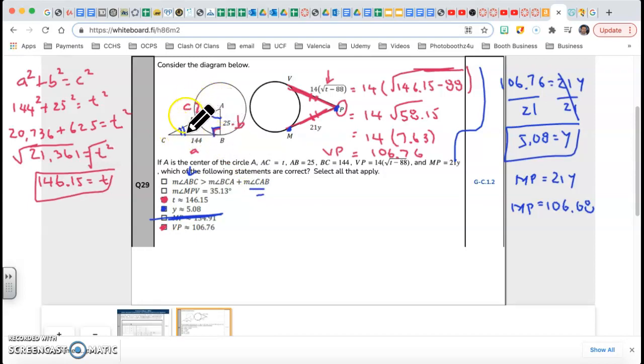But remember, the triangle is 180. If this is 90, these two add to 90, so they're equal. They're not greater. So that's wrong as well. 35.13: I don't have any central angles. I have nothing for this. This one is wrong as well. So my only three answer choices are T equals this, Y equals this, and BP equals that. And that will be question 29.